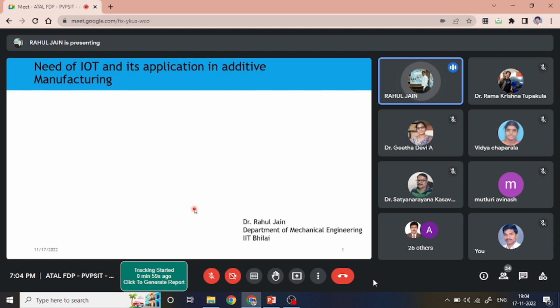The reason why I have chosen additive manufacturing is very simple. As most of you would be aware, additive manufacturing is another booming area in the domain of manufacturing.